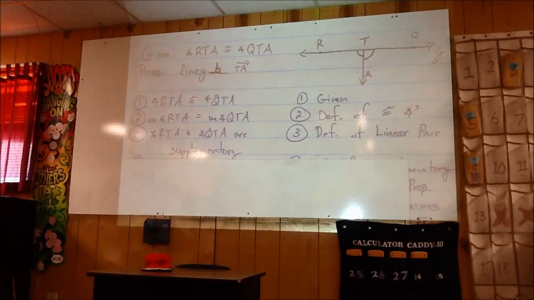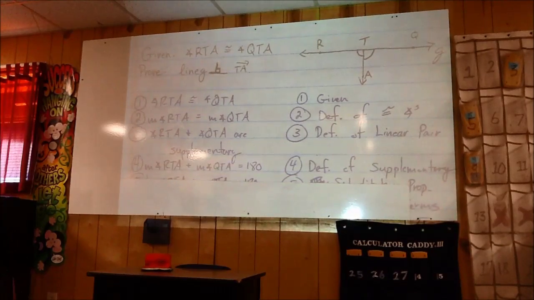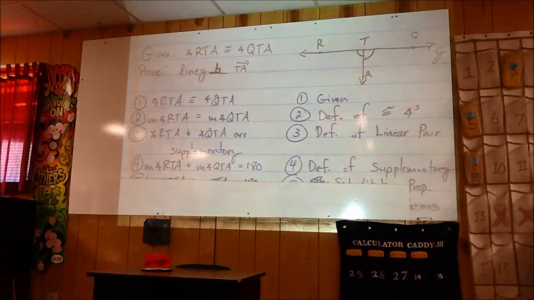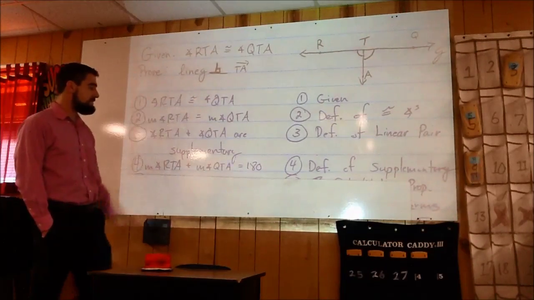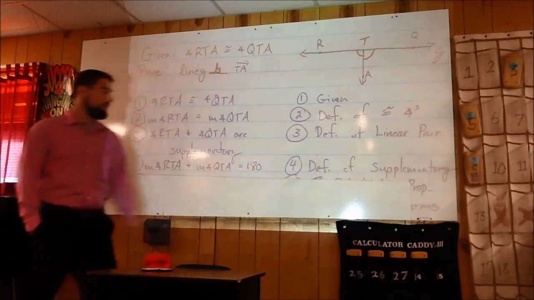So saying that the measure of angle RTA plus the measure of angle QTA is going to equal 180 degrees. And we know that that's justified by the definition of supplementary. So these are my statements, those are my reasons over there.